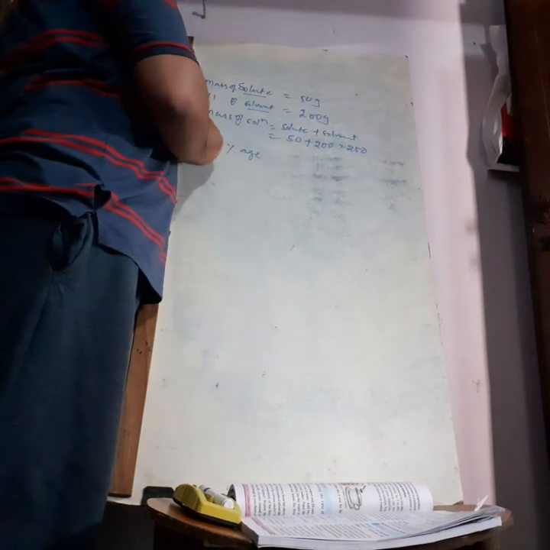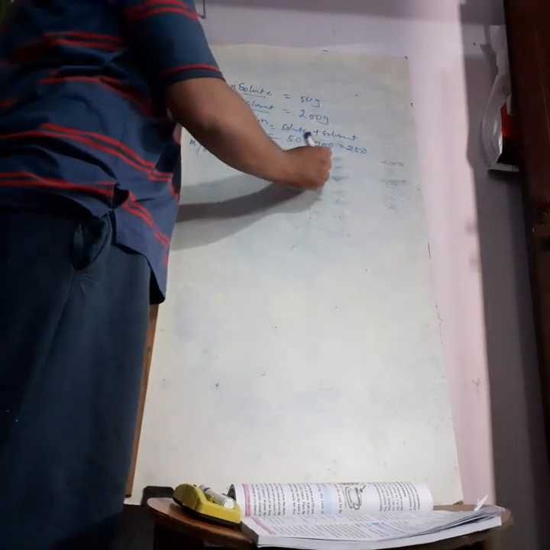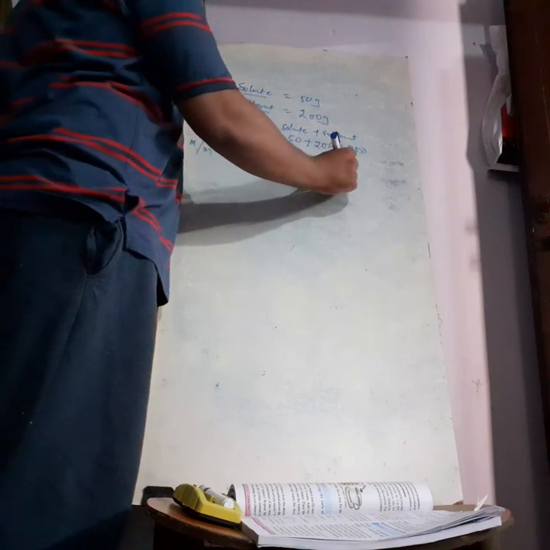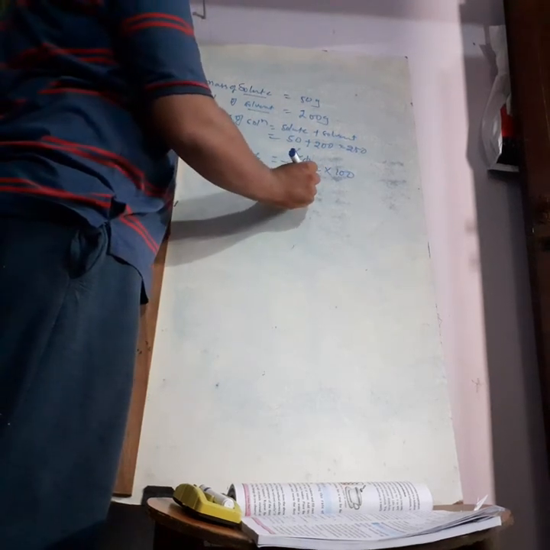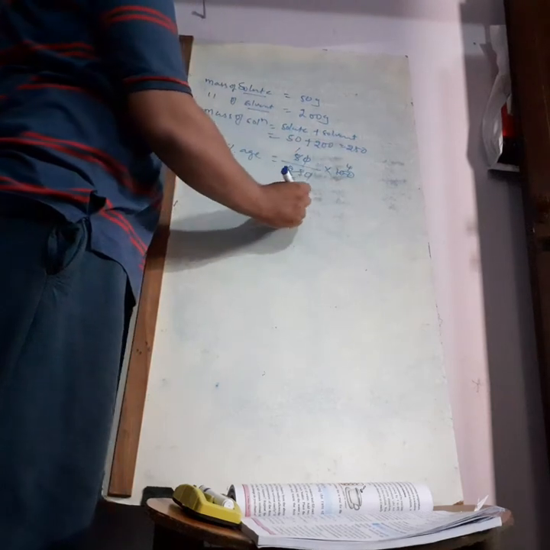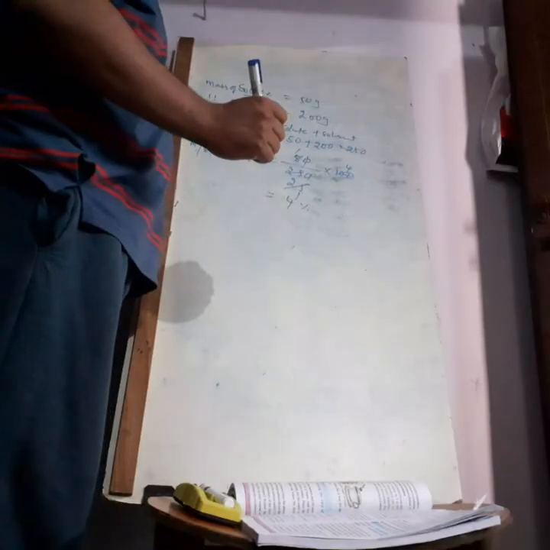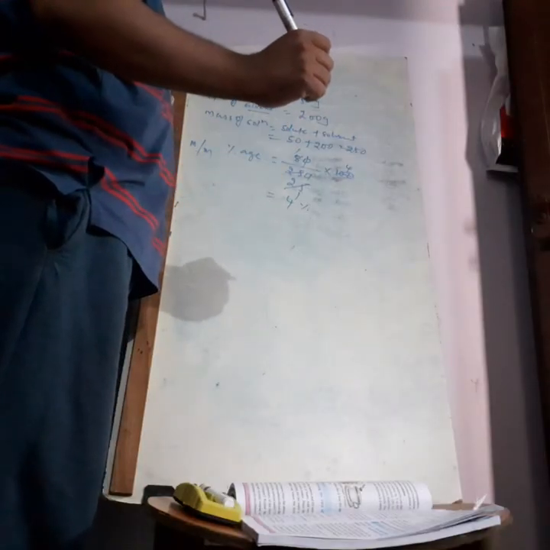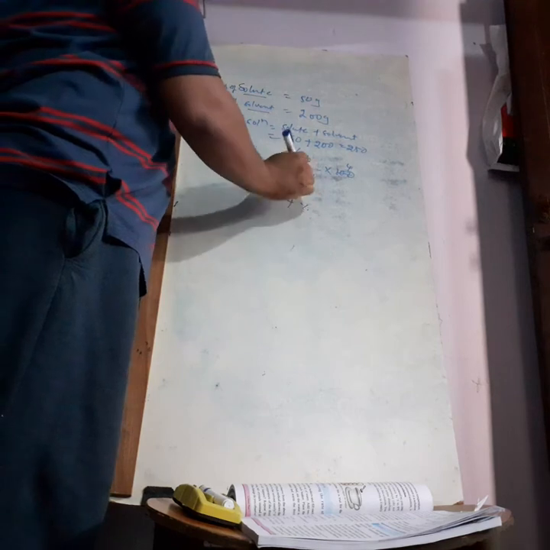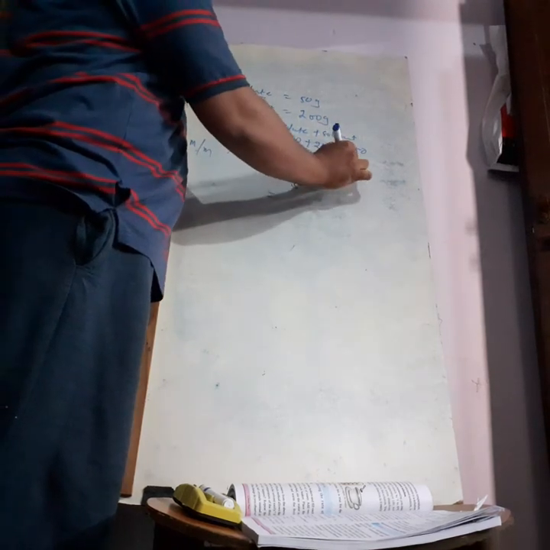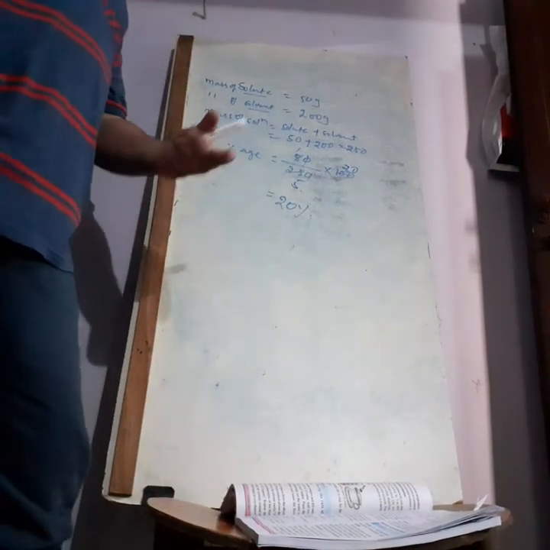Mass by mass percentage is equal to mass of the solute, 50, by mass of the solution, 250, into 100. Cancelling, the percentage is 20%.